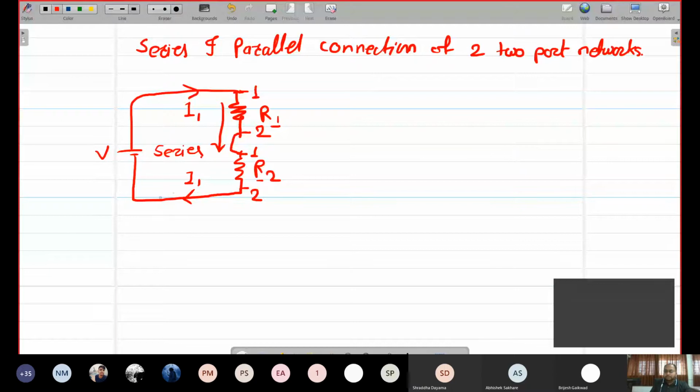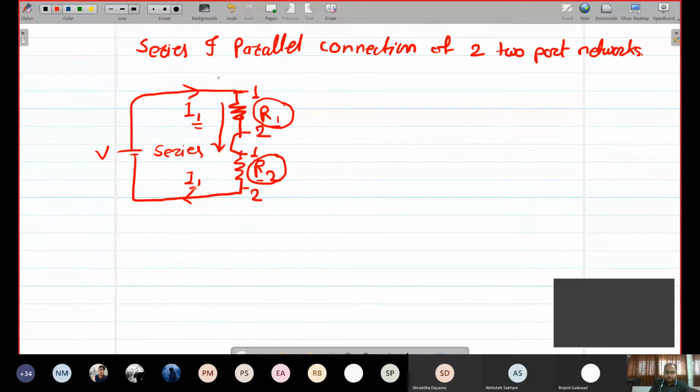Will it be the same? Because we haven't changed the values of the resistors. Until we change the values of resistors, the currents will remain the same, isn't it?